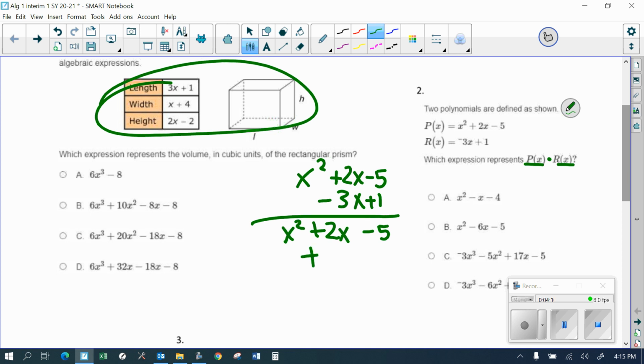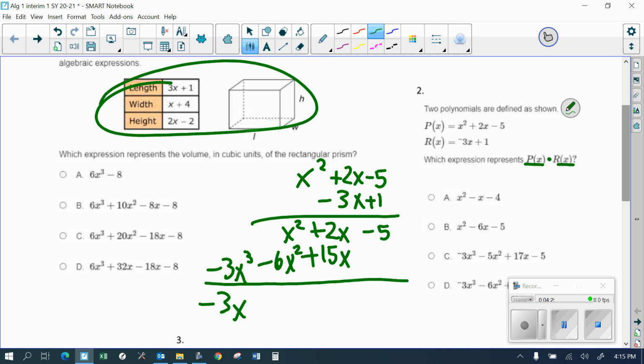Then I have positive 15x, because the negative times negative is positive, negative 6x squared, and negative 3x cubed. They're all lined up. Go straight down, add them straight down. 3x cubed. 1 minus 6 is negative 5x squared plus 17x minus 5.